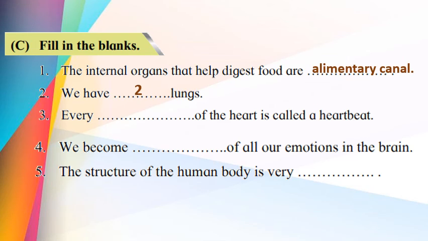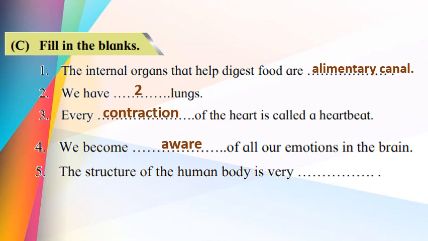Relaxes means coming to the original position. So here, every contraction of the heart is called a heartbeat. Right? Fourth one, we become dash of all our emotions in the brain. We become aware, isn't it? We become aware of all our emotions in the brain, like sorrow, joy, depression, anger, etc.